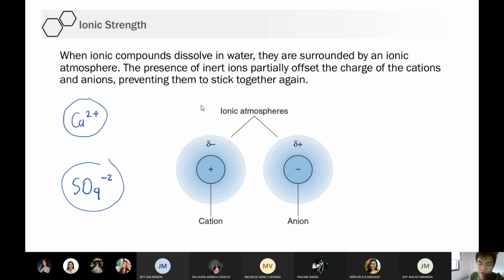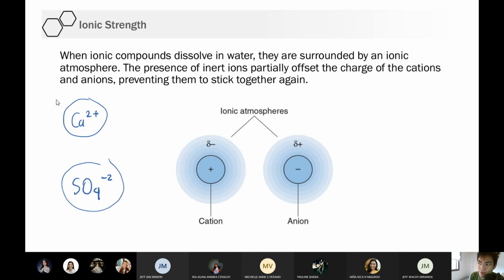So, how is that possible? According to this idea, ionic strength, when we add ionic compounds, they actually offset the charge of our ions that prevents them from sticking together. Suppose we added potassium nitrate in our solution. What happens in reality is that potassium nitrate will diffuse into the ionic atmosphere of calcium and sulfate ions.